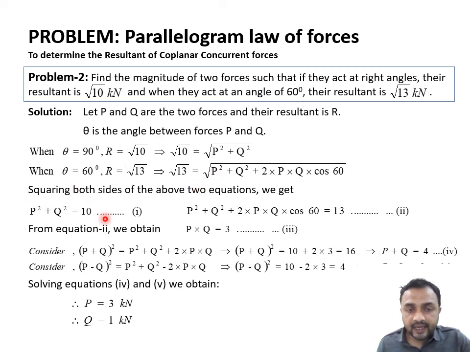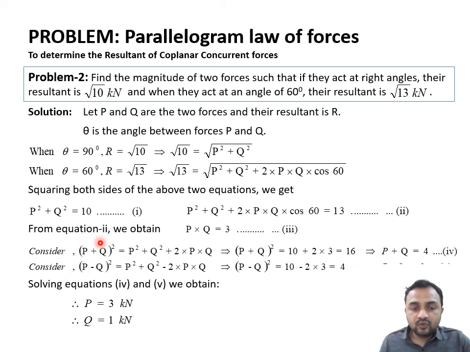Squaring both sides of the above equations, P square plus Q square equals root 10 square, which is 10. Then in this equation, P square plus Q square plus 2PQ cos 60 equals 13.